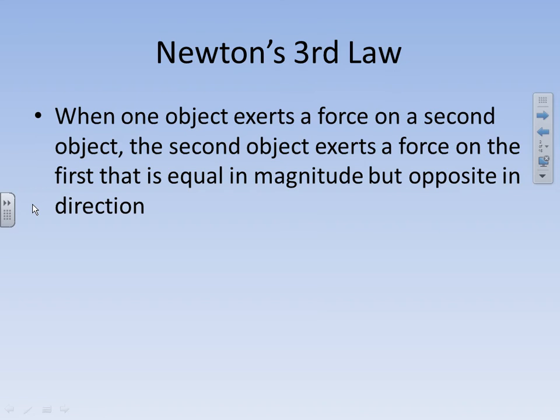Which, in my opinion, is a more clear way of stating something that you have probably heard before, right? That for every action, there is an equal and opposite reaction. But I don't think that stating it that way is as clear of a description, okay? So let's talk about this as we go forward.